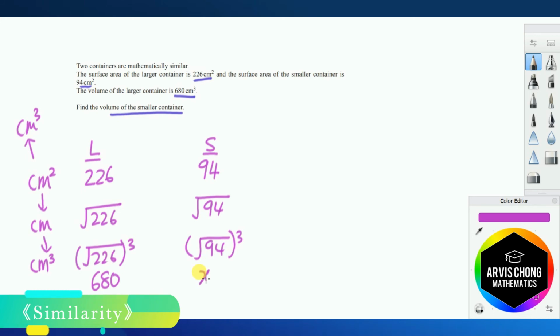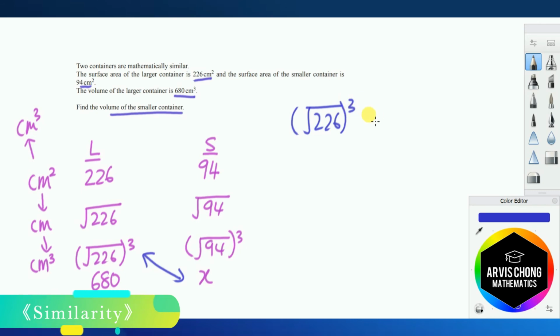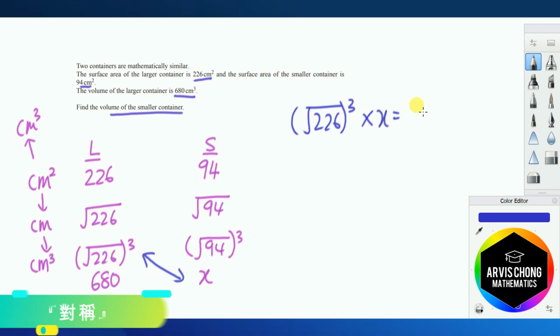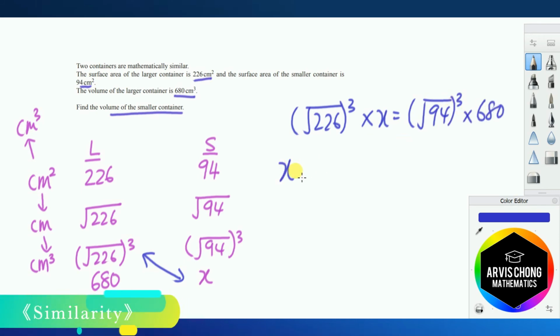Next step, we can cross multiply. So we have square root 226, then cube the answer, times x equals square root 94, cube the answer, times 680. Hence my x will be square root 94, the whole thing cubed, times 680.